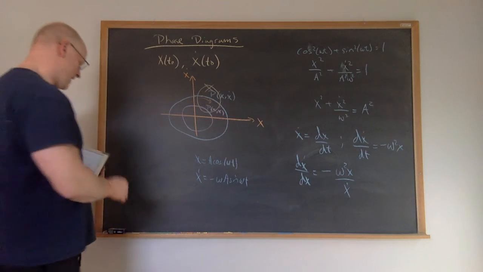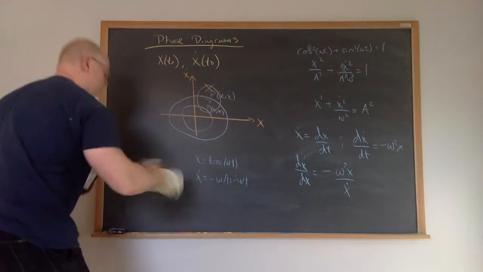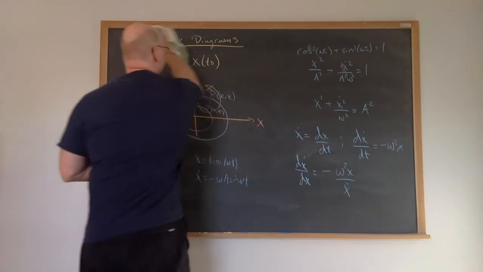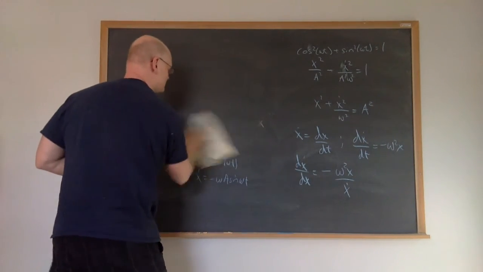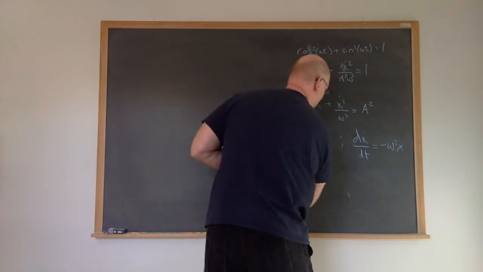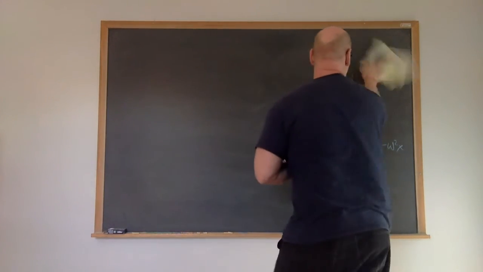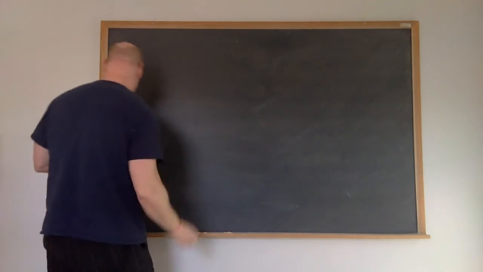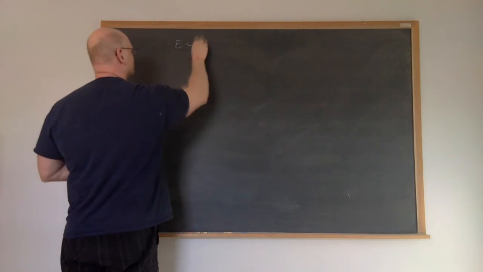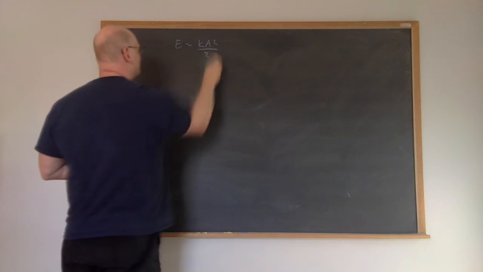So what about the total energy? Using what we know from before, we can rewrite this in terms of the total energy. The total energy is equal to k a squared divided by 2.